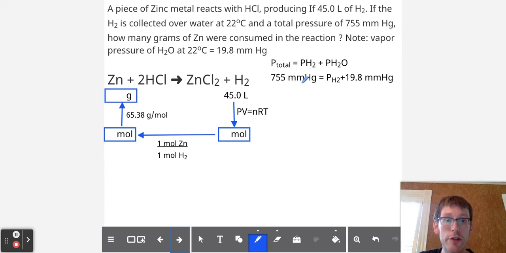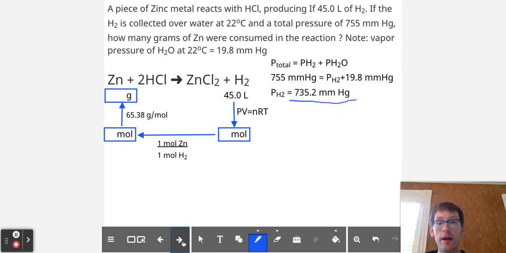That total pressure is equal to the pressure of the hydrogen plus 19.8 millimeters of mercury, being the vapor pressure. If I subtract out the vapor pressure, I get to 735.2 millimeters of mercury. And that is the pressure being exerted by the hydrogen gas, which is what we're interested in.